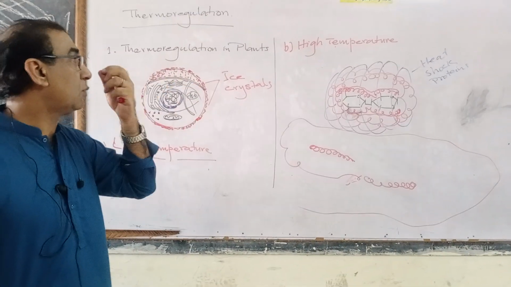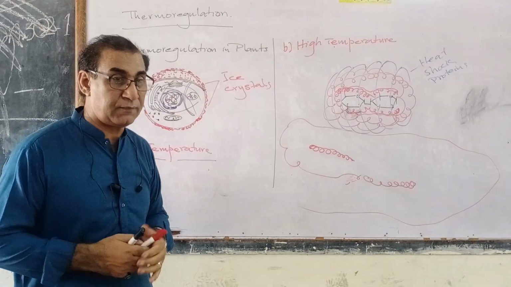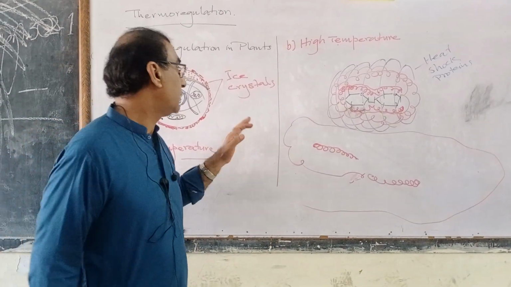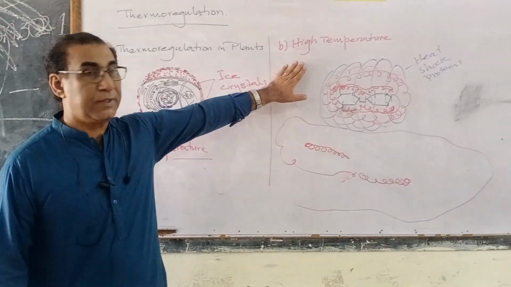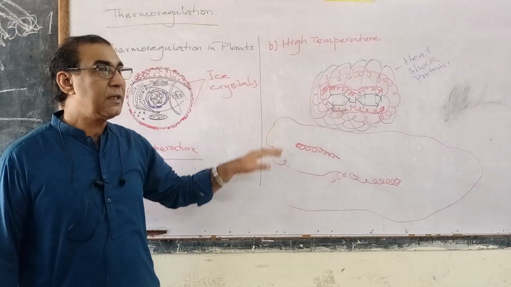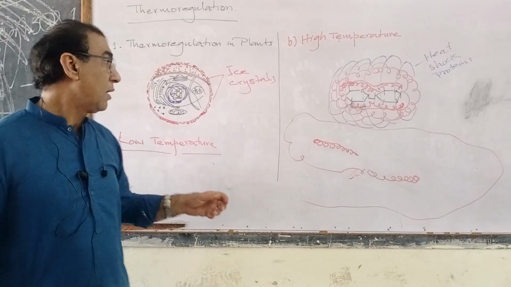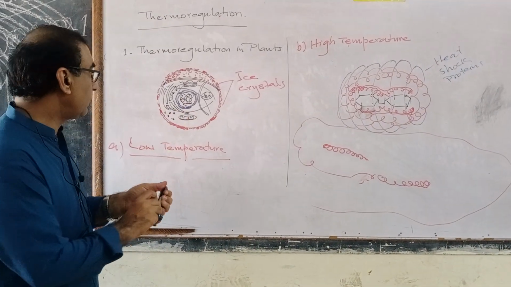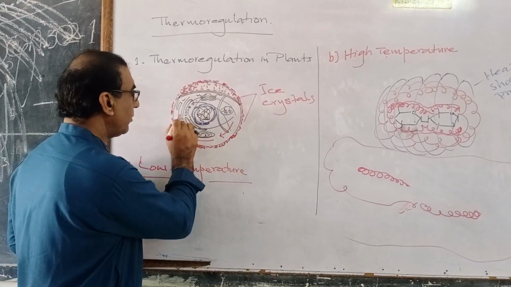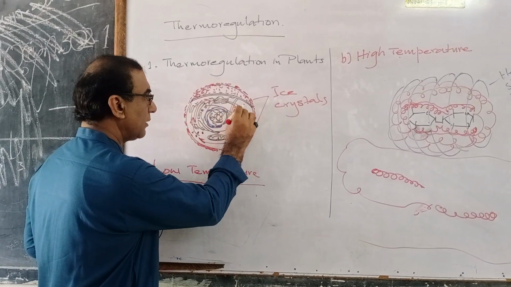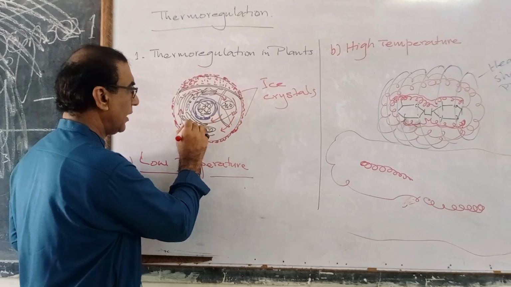In plants, there are two problems which they face, either in low temperature or high temperature. When there is low temperature, the cyclosis, the movement of cytoplasm, is disrupted, okay?